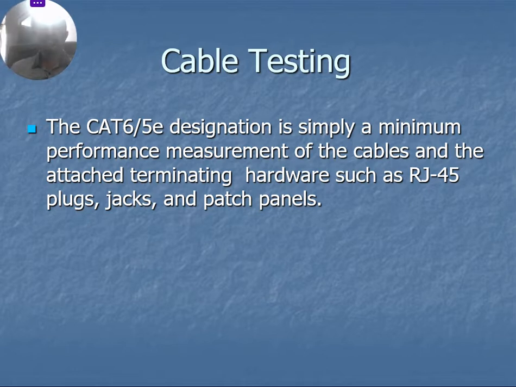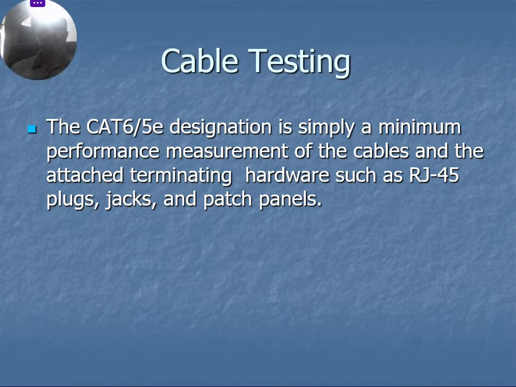So these are the minimums. So for standard cabling, for Gigabit Ethernet cabling, we use 5E and Cat 6 as our minimum performance measurement. Going below 5E, like using category 5 or category 3, is not supported for fast Ethernet.